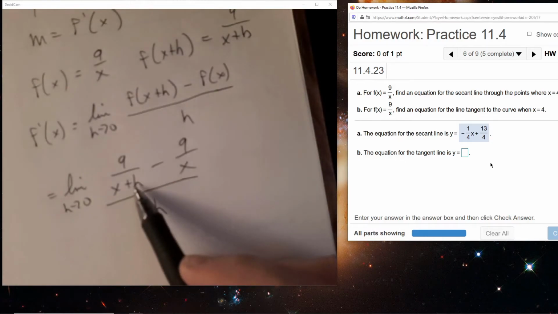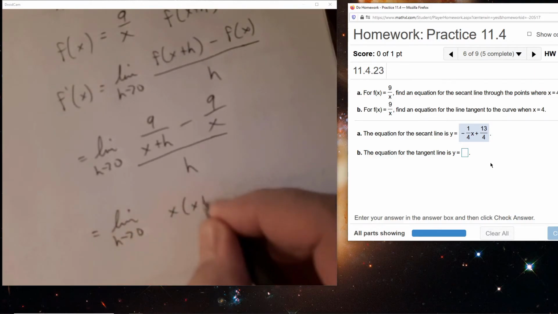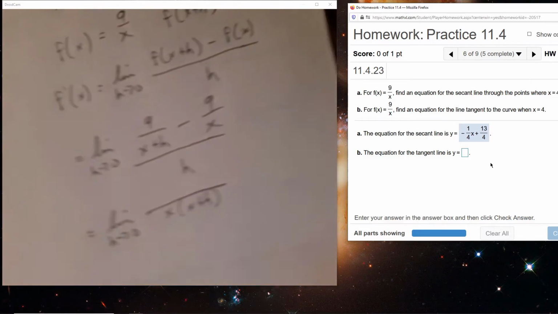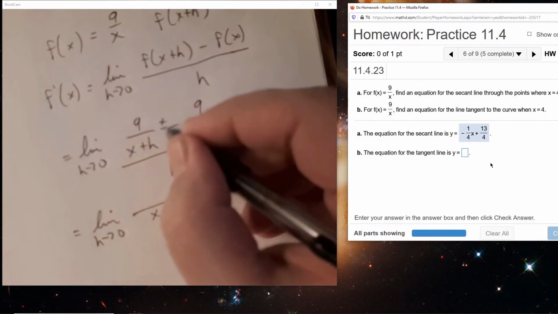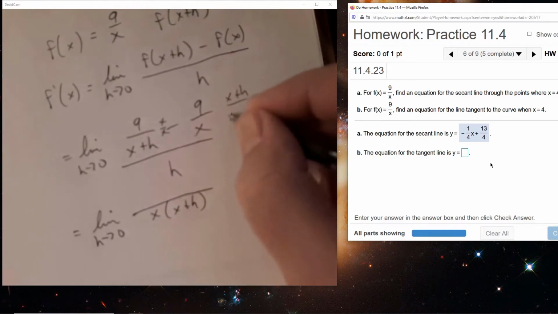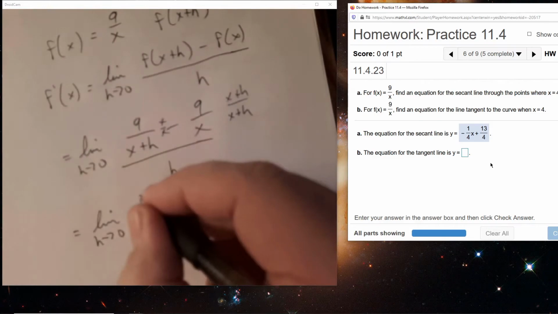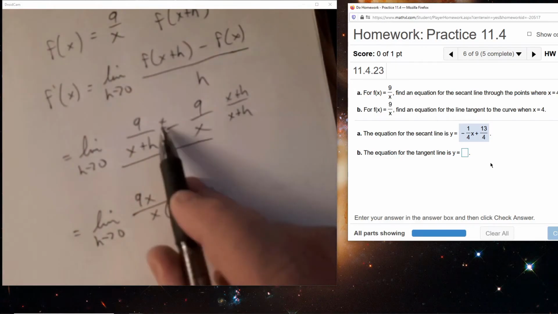So the common denominator here is going to be x times x plus h. So that means we're going to multiply this by x over x, and we're going to multiply this by x plus h over x plus h to get those common denominators. And that will give us then a 9x from this one.